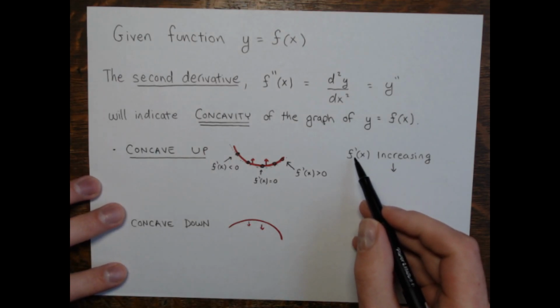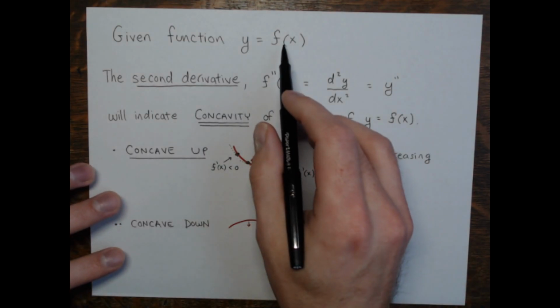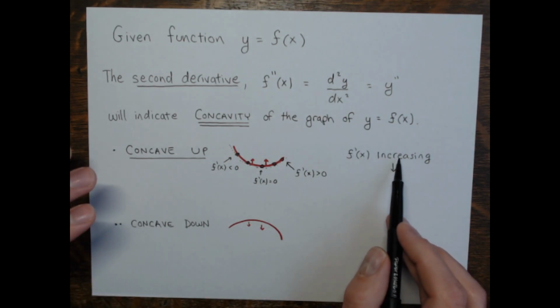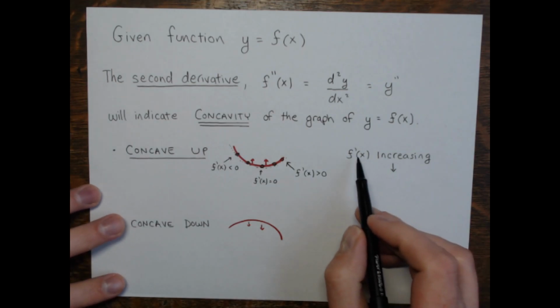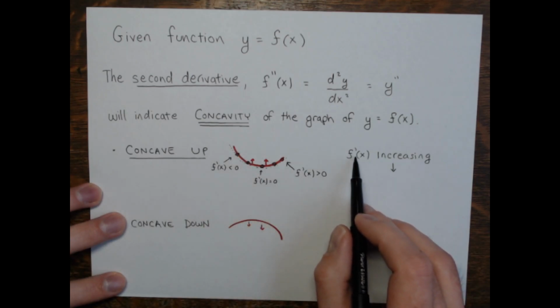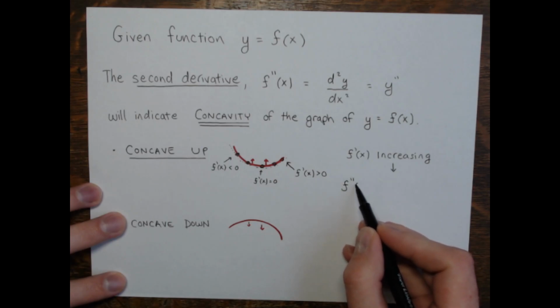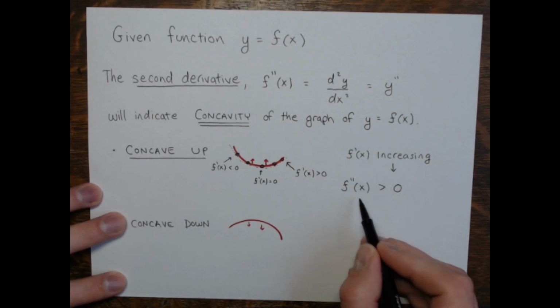Because remember what the derivative of a function tells us? Remember when the first derivative was positive, the original was increasing? So wherever some expression is increasing, its derivative will be positive. So on a piece of curve that's concave up, f prime, the first derivative, is increasing, so its derivative, f double prime, will be positive, will be greater than 0.